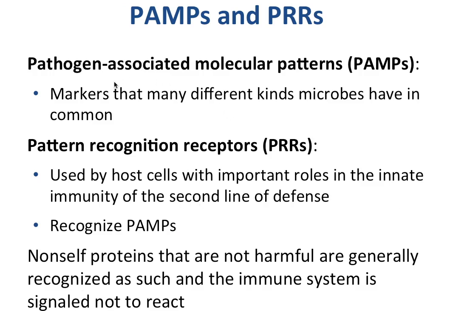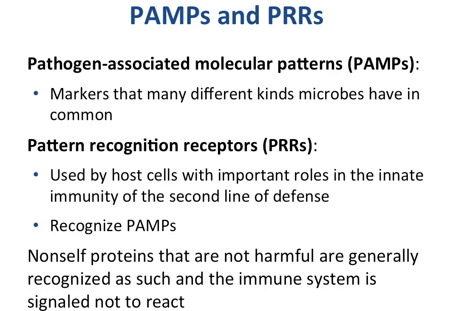The molecules that the immune cells recognize are the pathogen-associated molecular patterns. Those are the markers that many different kinds of microbes have in common. Because many microbes have certain markers, those can be used by the immune system to recognize the microbes.